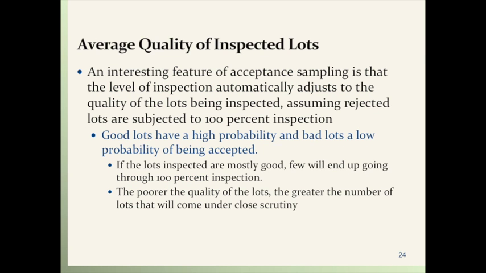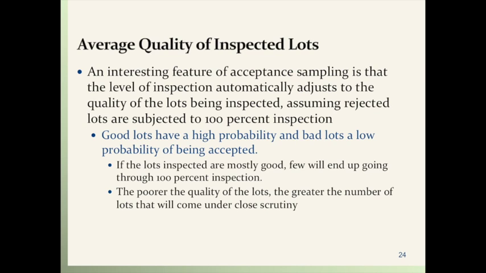So, the average quality of inspected lots. An interesting feature of acceptance sampling is the level of inspection automatically adjusts to the quality of lots being inspected. That assumes that rejected lots are subject to 100% inspection. Good lots have a high probability of being accepted, and bad lots have a low probability of being accepted.